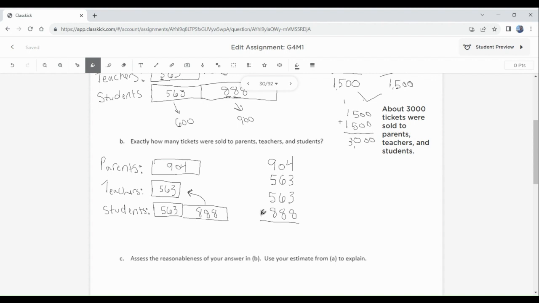So again, we can add these numbers in any order. I'm going to do it in the order that just makes the most sense to me. So 4 plus 3 is 7, plus another 3 is 10, plus 8 makes 18. Bring down the 8, carry the 1. 6 plus 6 is 12, plus 8 is 20, plus 1 makes 21, so bring down my 1, carry the 2.